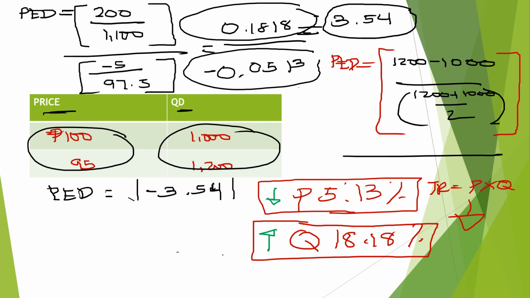So, in other words, Q was able to pull up the TR even though P decreased because the increase in the Q was much larger, bigger. It's about 3 times fold. So that's how we make use of PED in making pricing decisions for a firm.